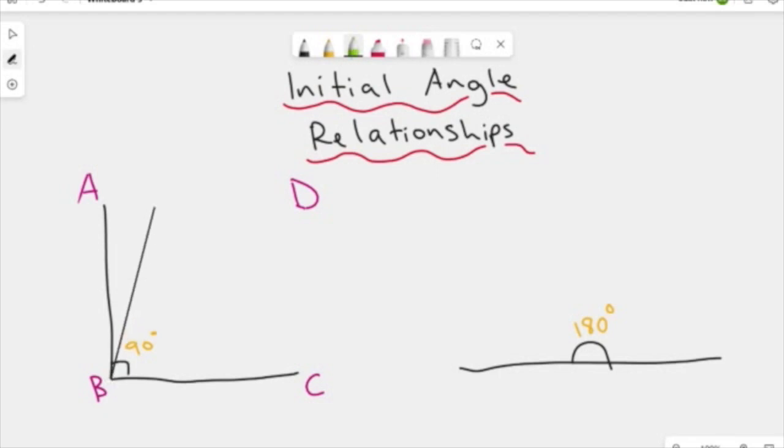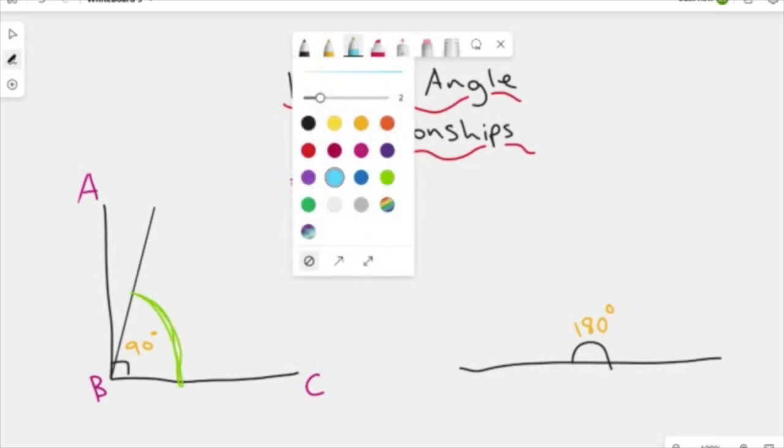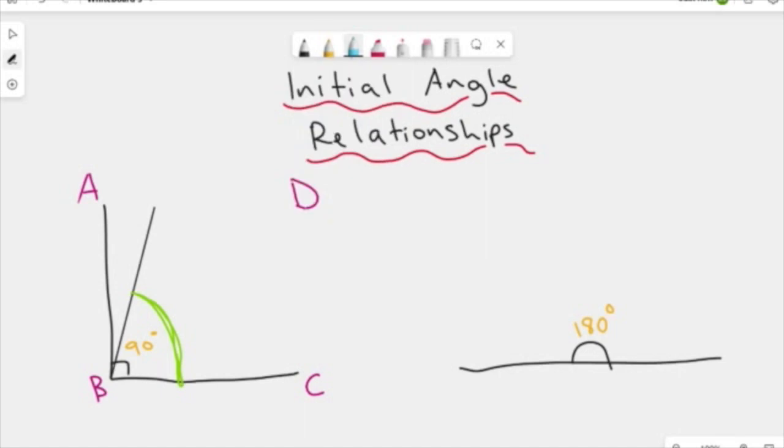My green angle becomes a lot bigger because it's moved closer to 90. And my blue angle is quite a bit smaller. But they still add up to 90 degrees, don't they? Because the two together, their sum makes up 90 degrees.